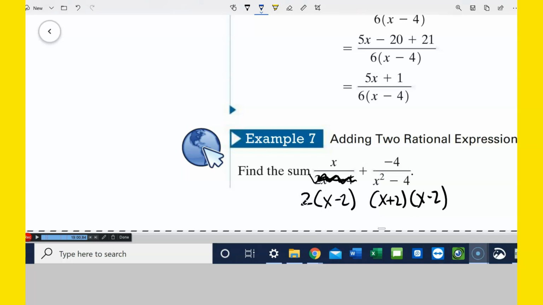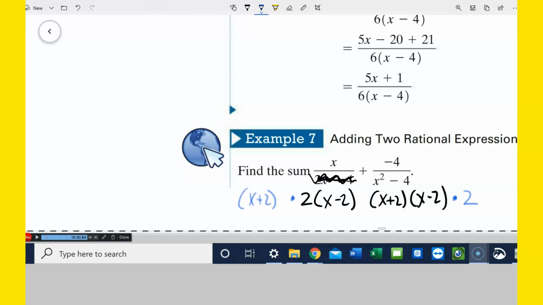This one has a 2 right there, and this one doesn't. So I'm going to multiply it by a 2 so that it'll have that 2. Now, is there anything that this right denominator has that this left one doesn't have? This right denominator has an x plus 2 that the left denominator does not have. So I'm going to give it that x plus 2.